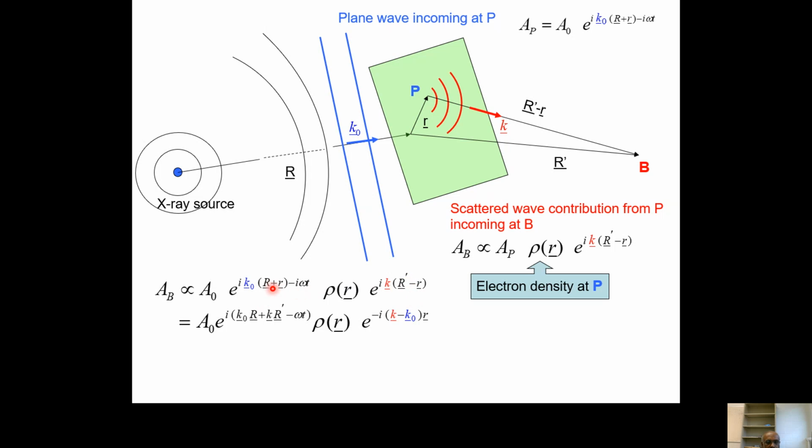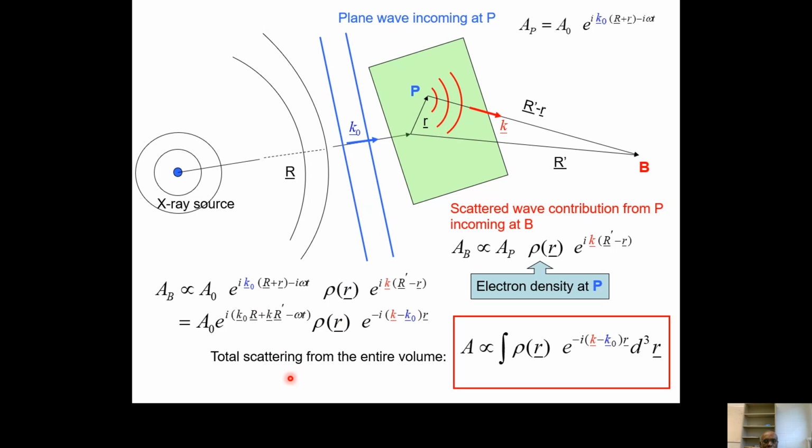Because you can see this r I can take to this side, then this becomes k0 dot r, so then I have only k dot r here. Everything else is more like constant terms, because we need the rho(r) terms. Eventually we are going to integrate over r for the entire crystal.